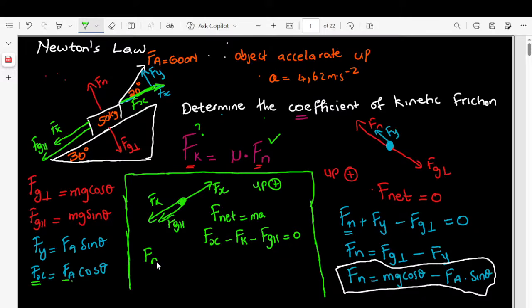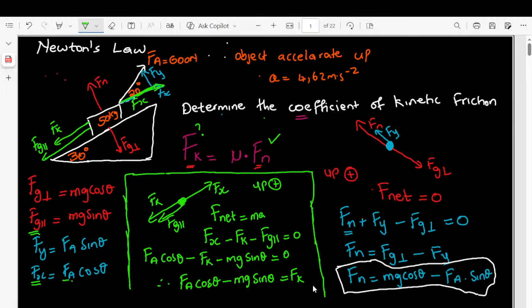So this will be Fa cos theta, minus Fk, which is the one that we are looking for, minus Fg parallel, which is equal to mg sine theta, and let's equate this to 0. So now, what is my frictional force? I'm just going to leave the Fa cos theta like that, minus mg sine theta. Then let's bring the Fk to this side to be positive.